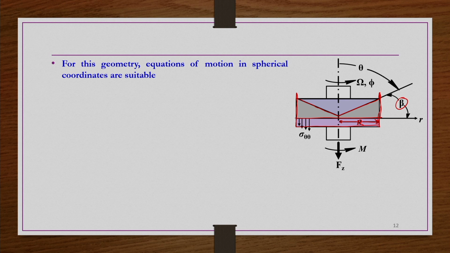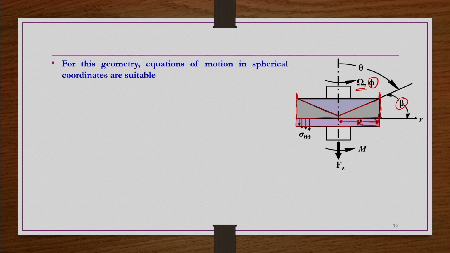Let us say this is the cone, which I am putting upside down like this, just to have clarity. The direction of rotation is the phi direction, the theta direction is in this direction, and this direction is the radial direction. The cone is rotating in the phi direction at a velocity omega.